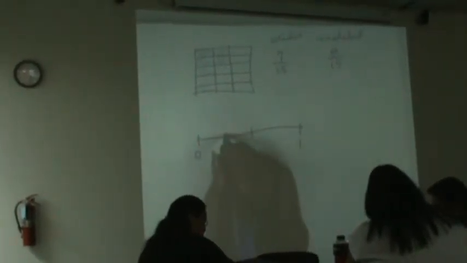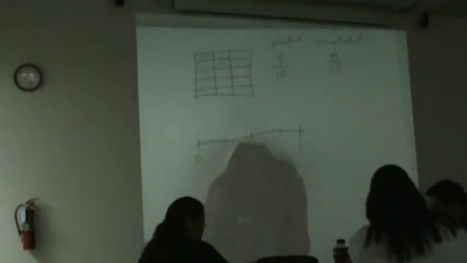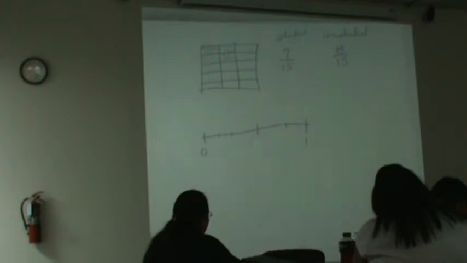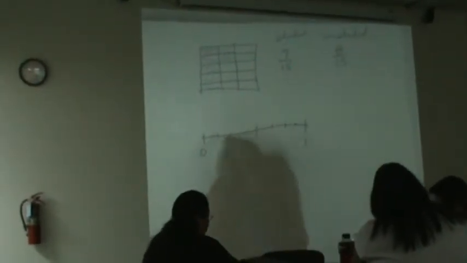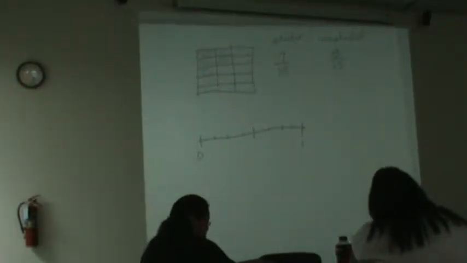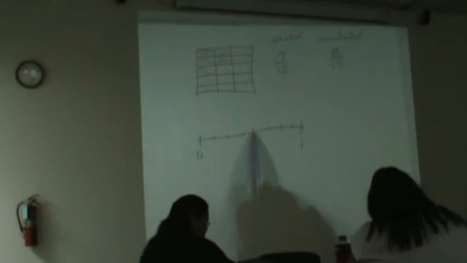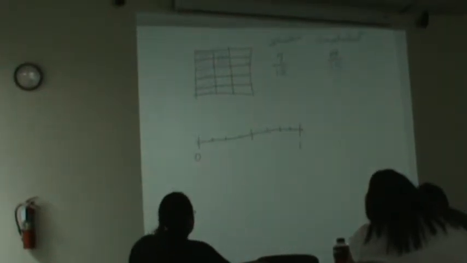There's a half, those are your fourths. Now, I divided between each one of those, so there should be 8 parts there, shouldn't there? So that was half. There's 1, 2, 3, 4 parts here, 1, 2, 3, 4 parts there, so there's 8 parts.